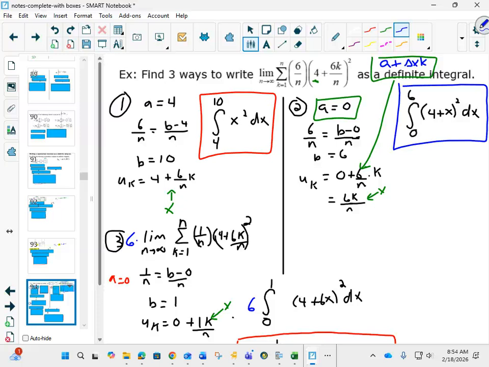If you're looking at the second one, you always know that's your A value. And going from 0 to 6, you would know that your change in x would be 6 over n. Because whatever distance is on your integral, that's going to be your change of x divided by your number of intervals.